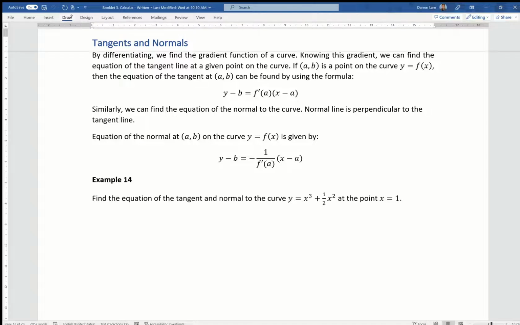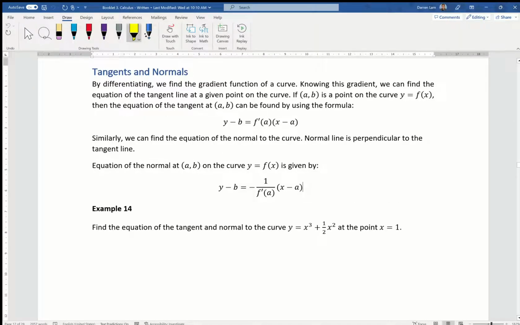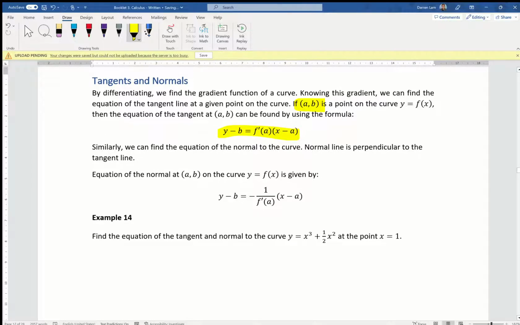Assuming (a, b) is a point on the curve, the equation of the tangent at that point is found using this formula, where y minus b equals the derivative at a, remember, substituting the point of value x, and then multiplying by x minus a, which will give you the same answer.